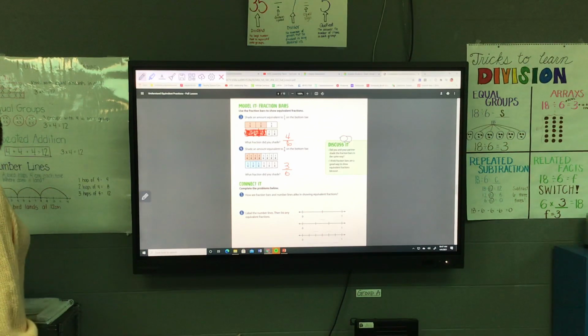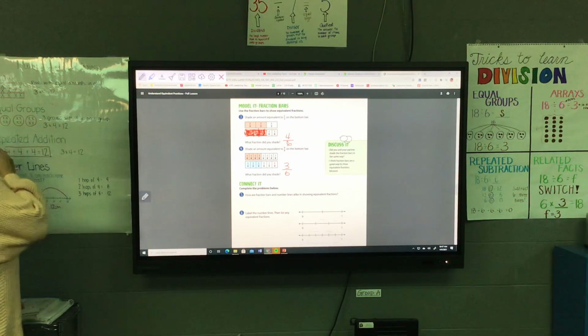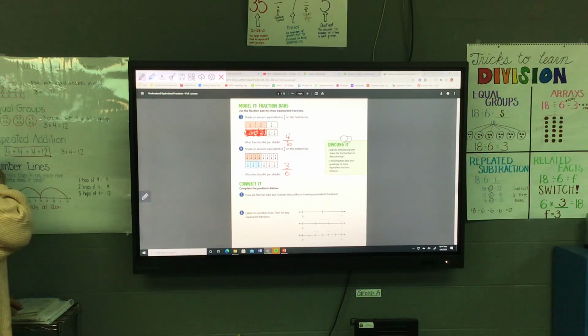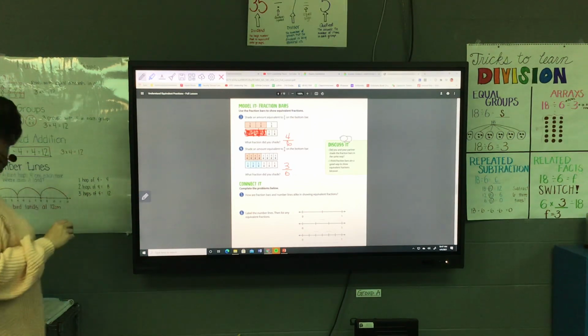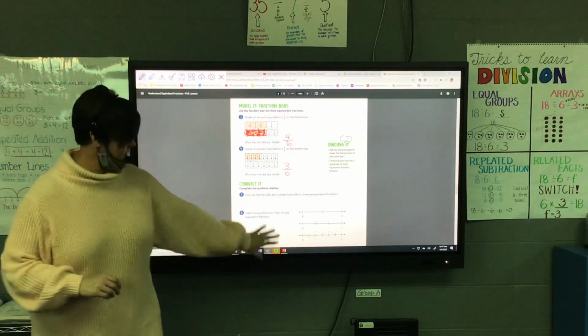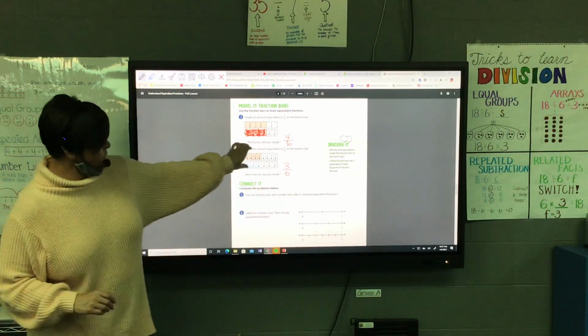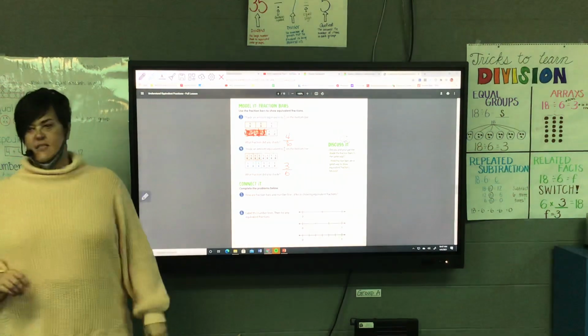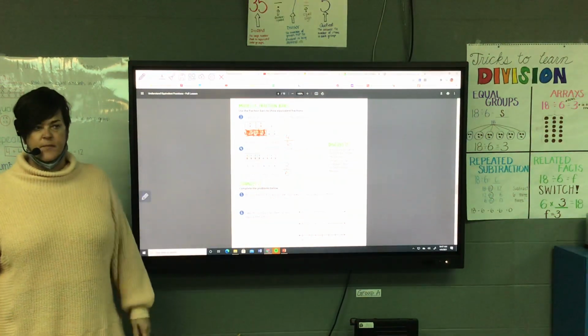How are those alike? What are they both? Like when they have number lines like this, or when we have fraction bars like this, how are they alike?